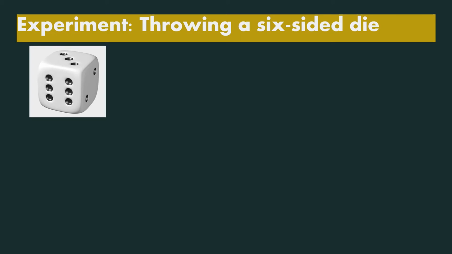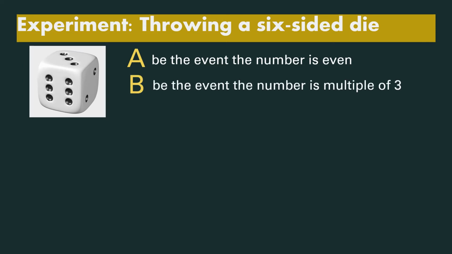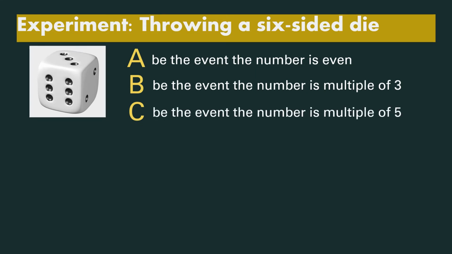In the same experiment of throwing a six-sided die, let us try to illustrate the following events using a Venn diagram. Event A be the event that the number is even. Event B be the event that the number is a multiple of 3. C be the event that the number is a multiple of 5.